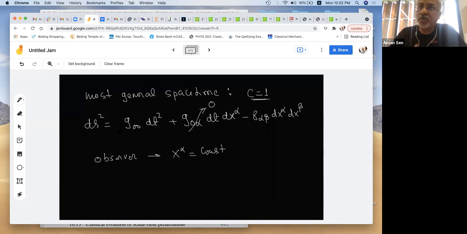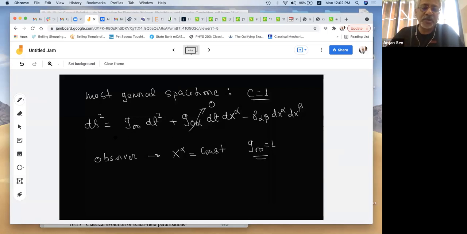Now you know from your general relativity or special relativity that this ds square represents the proper time, right? So I am saying that my proper time is the time for the observers which are at x alpha equal to constant. Now, if I have x alpha equal to constant, this term drops, fine. And then if this ds square has to be the proper time, then my g00 should be 1, fine.